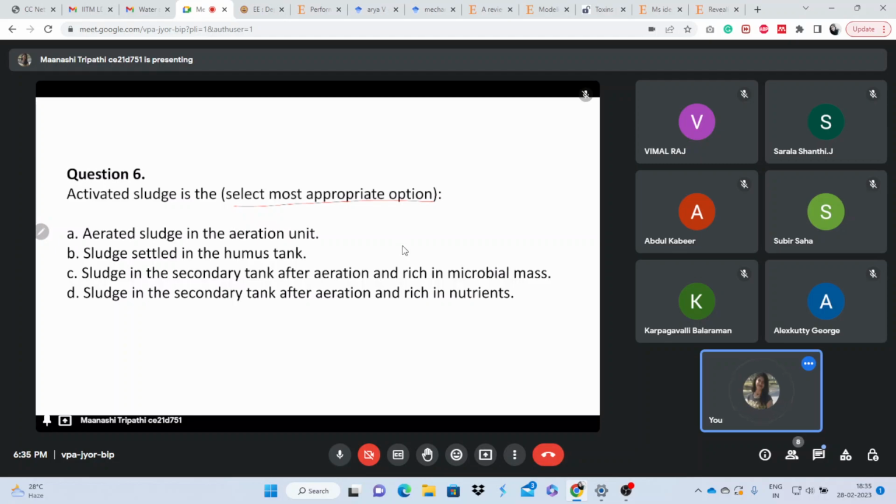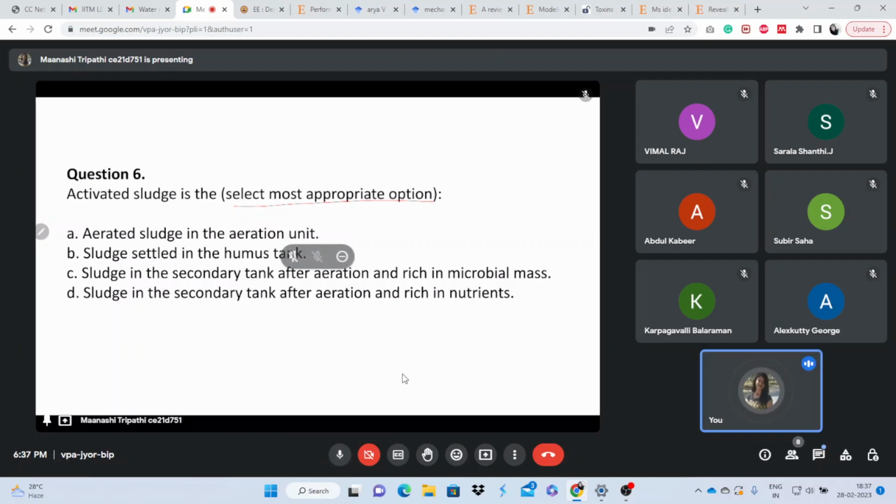This is a theoretical question, and based on understanding you can easily solve it if you have studied this week's lecture properly. Okay, we'll see the solution.